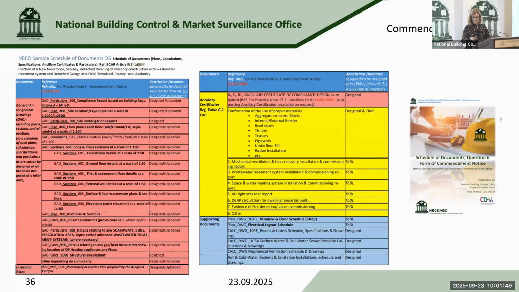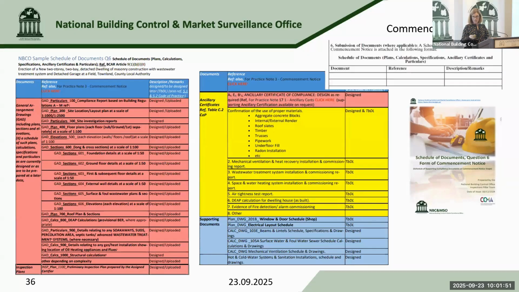And you'll see that it should be set out similar to question 6, and it should identify anything that's been designed but not necessarily uploaded. It should identify the works or the design that's yet to be undertaken. So it should be clear to the building control officer, if they're assessing, what documentation is yet to be made available.